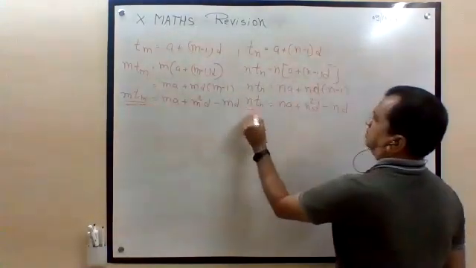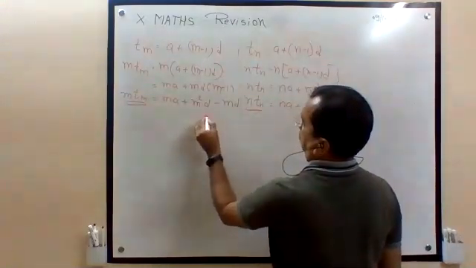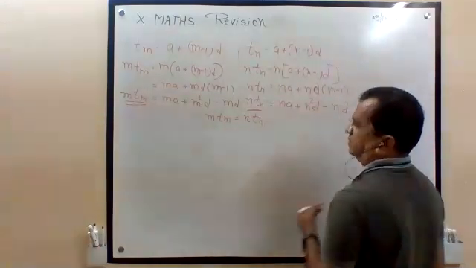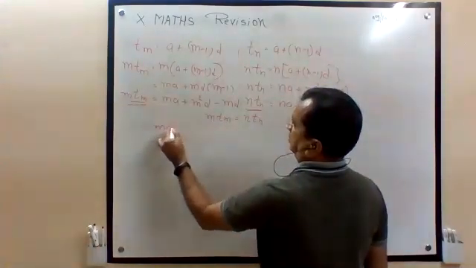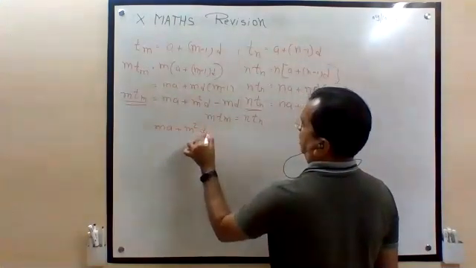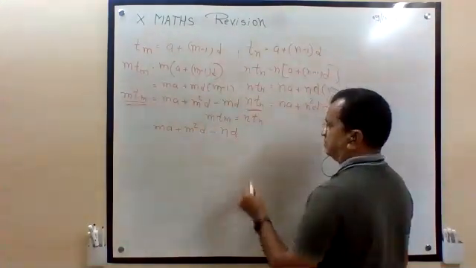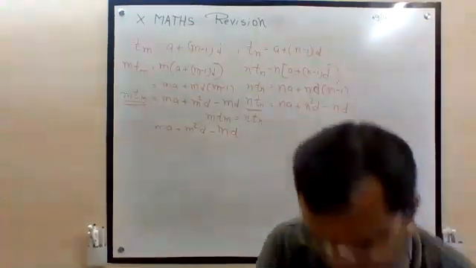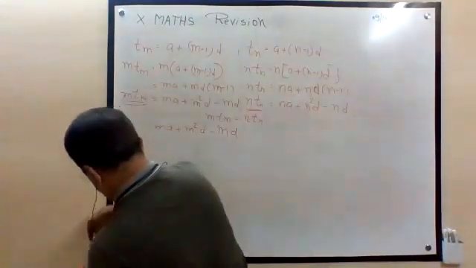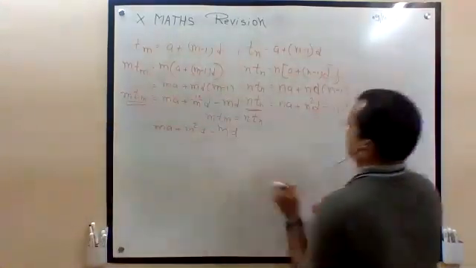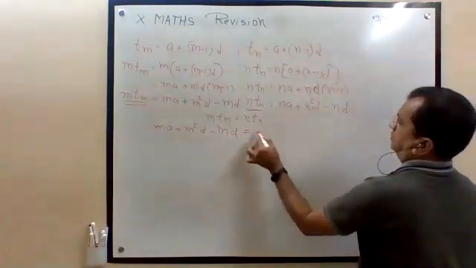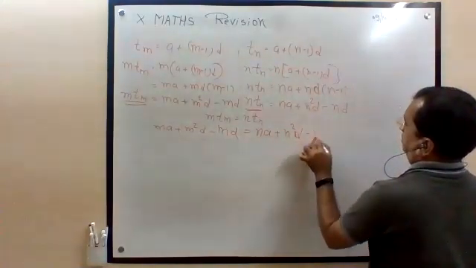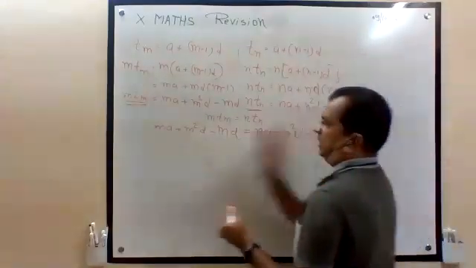Now they have given that these are equal, mTm is equal to nTn. So write the answer: ma plus m square d minus md is equal to na plus n square d minus nd.